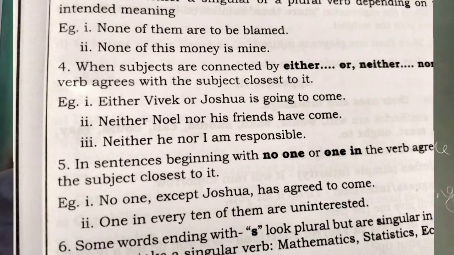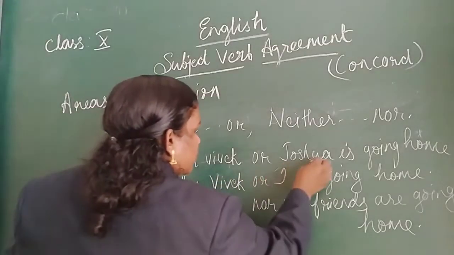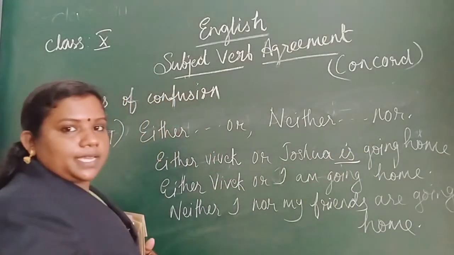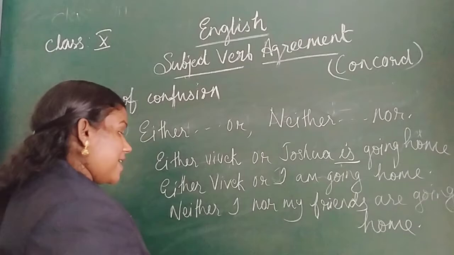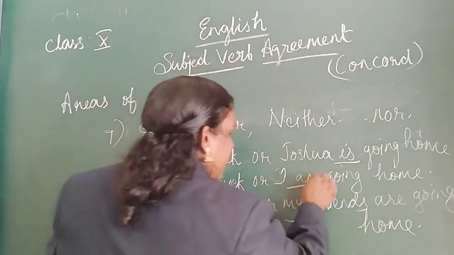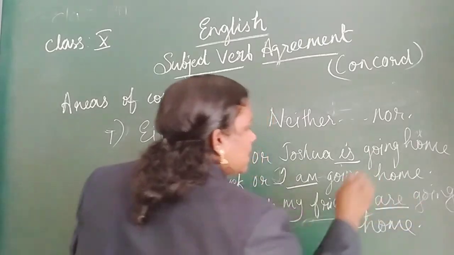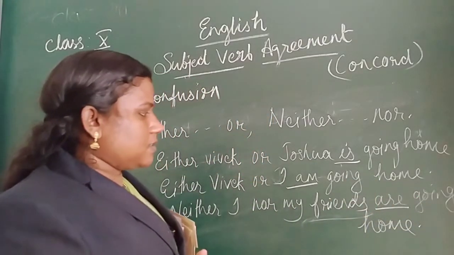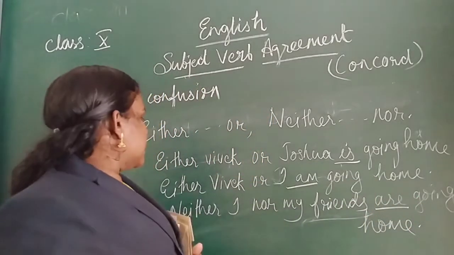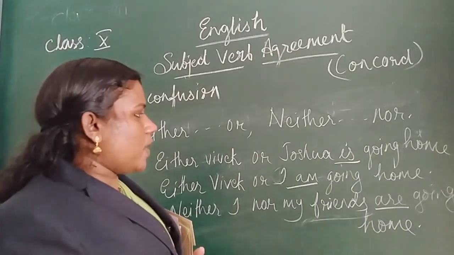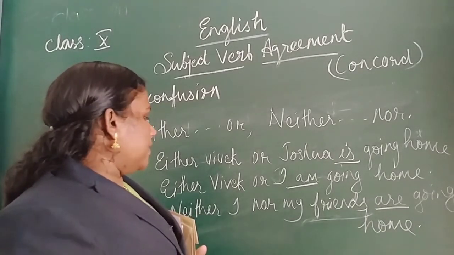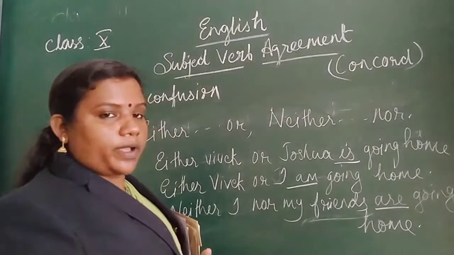The same sentence we have written in three different ways. Either Vivek or Joshua: what is the verb here? Either Vivek or Joshua is going. Either Vivek or I am going.